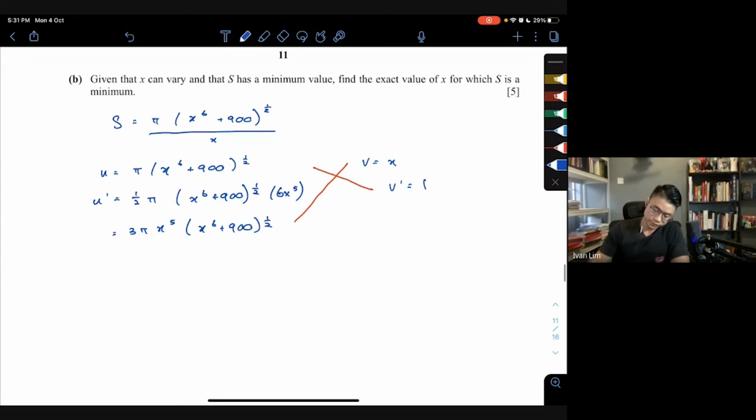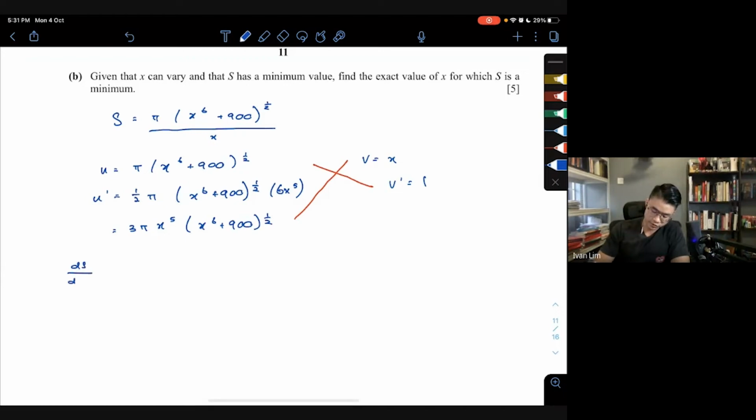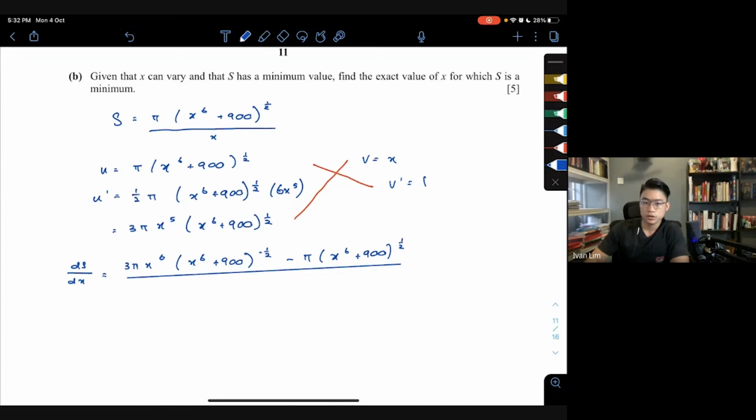Okay, then write down what is ds over dx. ds over dx will be 3 pi x to the power 6, x to the power of 6 plus 900 to the negative 1 over 2, minus pi x to the power of 6 plus 900 to the power 1 over 2, over x squared.